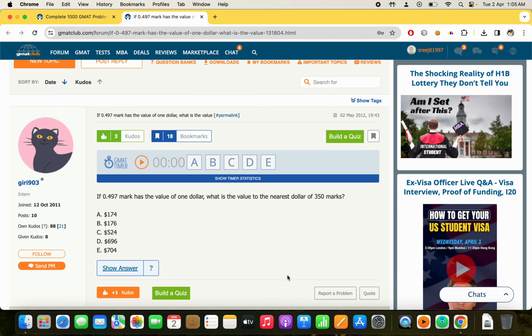So it's a simple multiplication as far as I think. So 350 into, I think, will it be right if I make this 0.497 into 0.5 for a good answer?